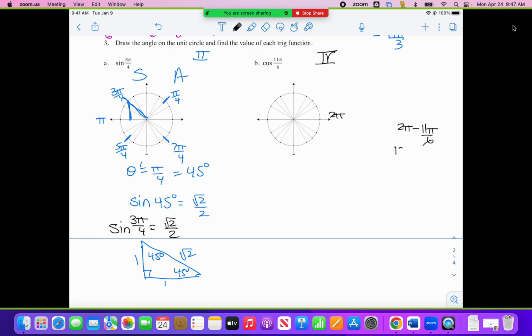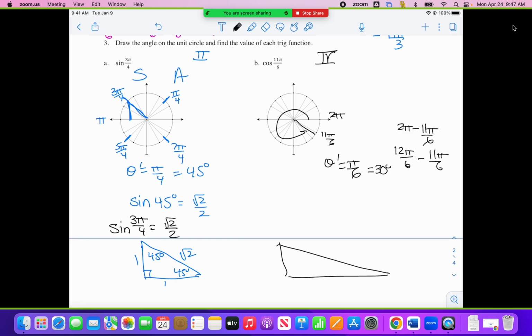And here's how you would figure it out. Take 2 pi minus 11 pi over 6. So that's pi over 6 away. So my reference angle is pi over 6. Pi over 6 is 30. So let's review our 30, 60, because you need that today.